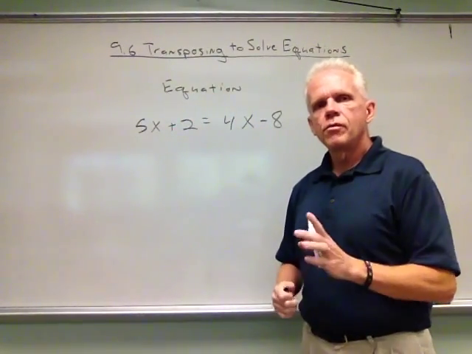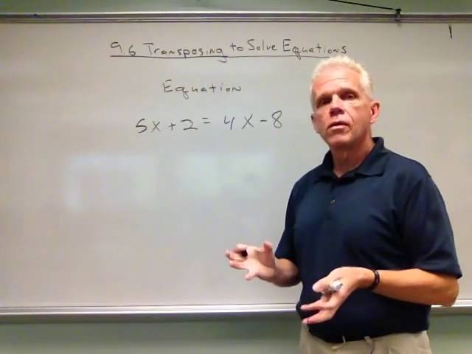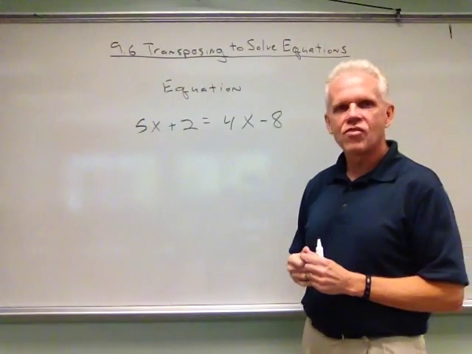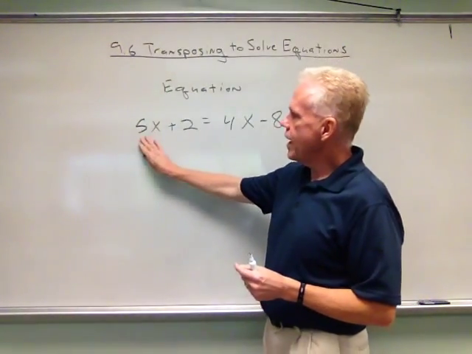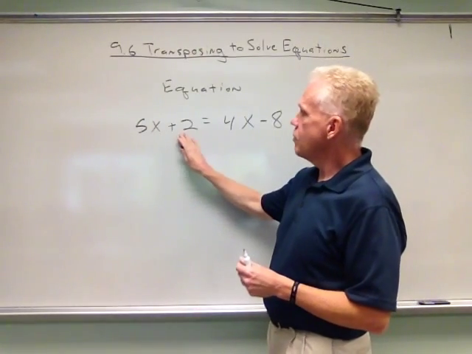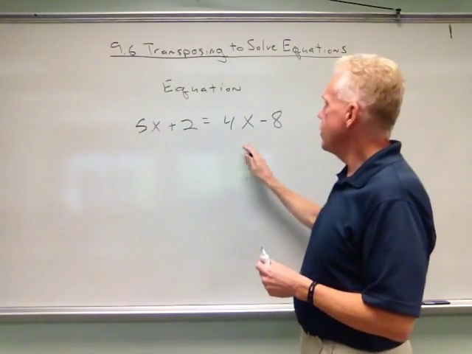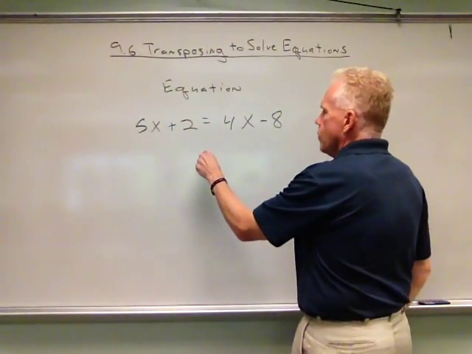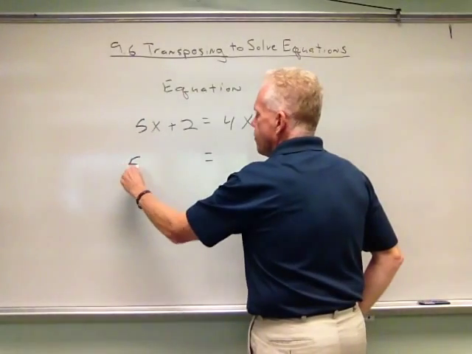What we want to do with transposing is move terms so that we get like terms together. In this case, we'd like to get our x's together on the same side of the equal, and our numbers that don't have x's, the positive 2 and negative 8, together on the same side of the equal. So we're going to leave the 5x alone where it's at.